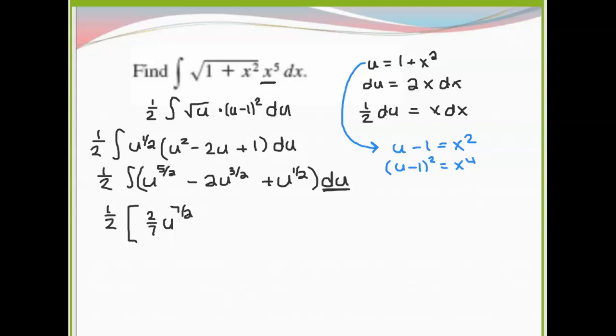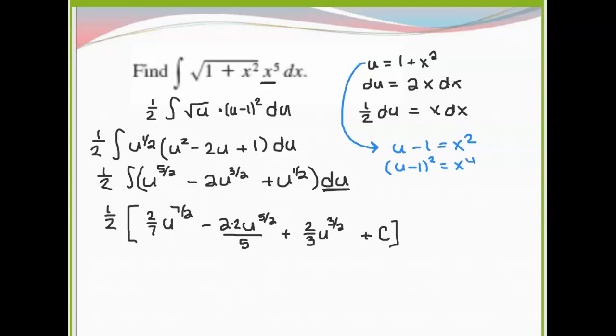And when you divide by a fraction, it multiplies by its reciprocal. Minus 2 u to the 3/2 becomes u to the 5/2. So that's going to be times 2/5 plus 2/3 u to the 3/2 plus our infinite c.